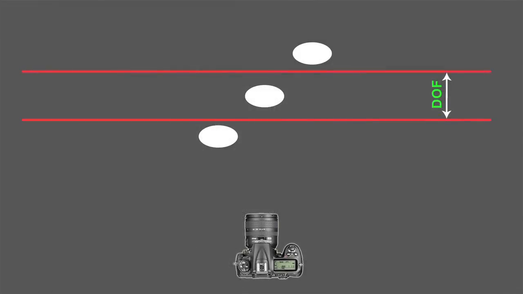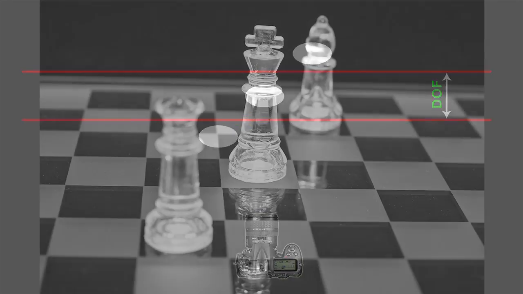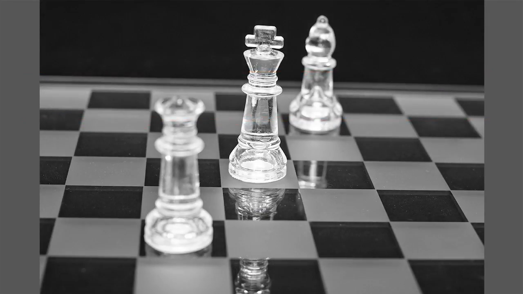And now let's try to move our subjects. Let's put one of them before the red line and another one behind the red line, further from the camera. Remember, we are focusing on the middle one. And as you can see in this picture, the two subjects we moved, further from the camera and closer to the camera, appear out of focus.